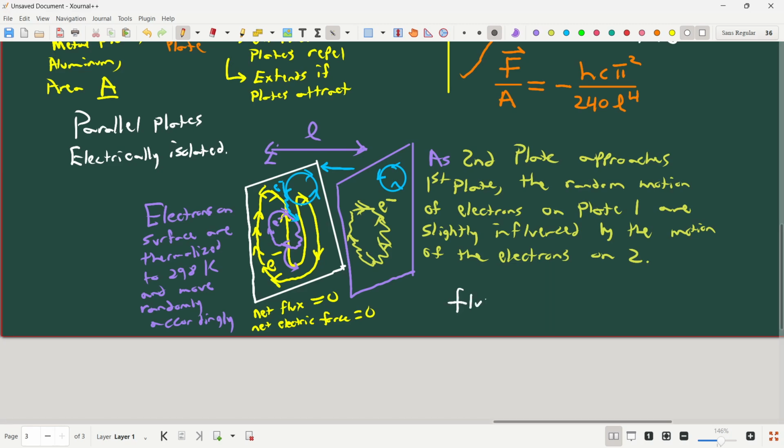And so what you find is that the average flux of electrons, or field, the average flow of electrons across the plates from 1 to 2 is equal to 0, because they're electrically neutral. There's no net voltage, there's no current.